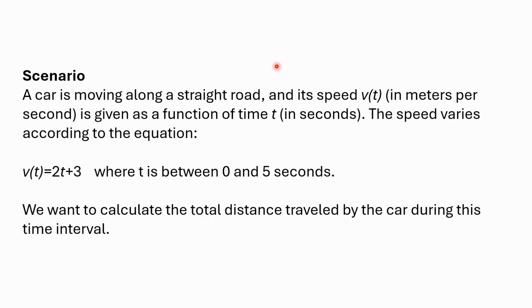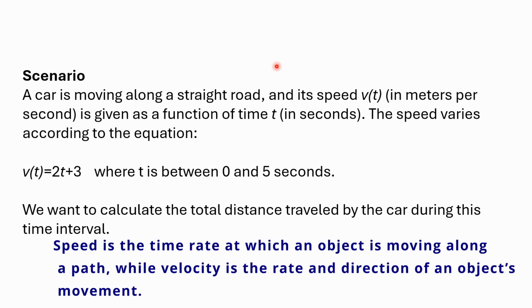All right, so here I want to go through a scenario. Here's a real world example. You've seen problems like this before, but most of the problems you see outside of calculus involve the speed of a vehicle, and you want to calculate how far it's traveled. You've got speed, velocity times time.